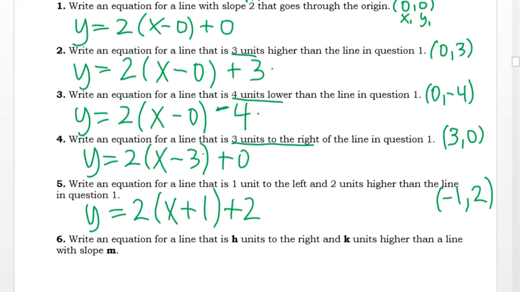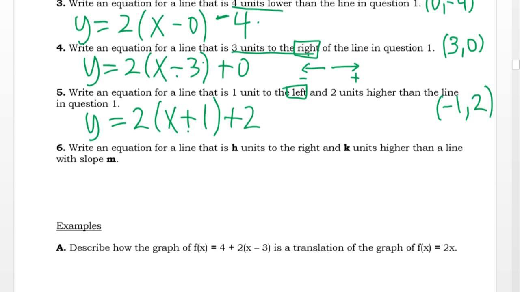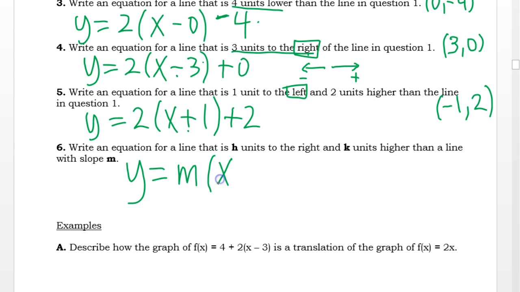But it's kind of weird in the x spot, because when I went to the right, we think of left and right in terms of positive numbers on the right and negative numbers on the left. But I had a minus and it went to the right, and I had a plus and it went to the left. So that's actually backwards. When I write my general format for my rule, slope goes in front, x minus h affects the horizontal, plus k affects the vertical.